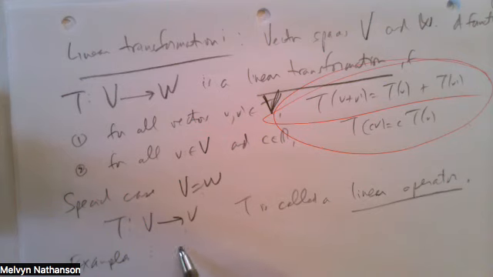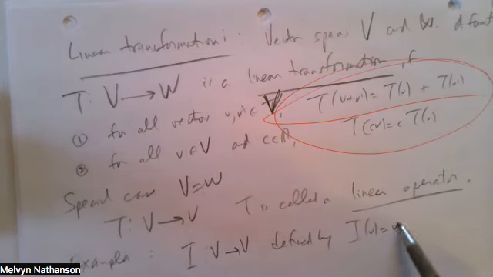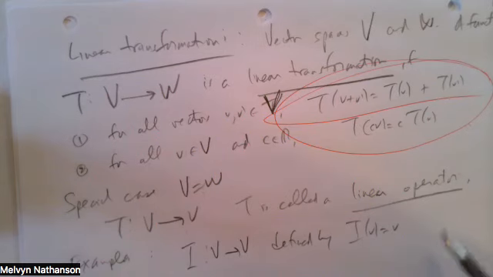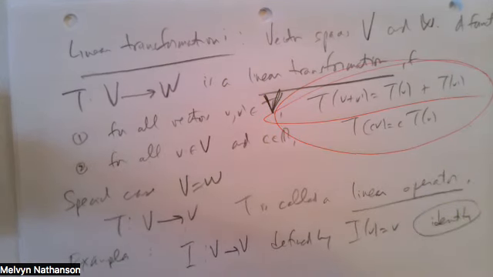So for example, the map I from V to V defined by I of v equals v is a linear operator. It's called the identity map, or the identity operator, or the identity linear transformation. Why is it a linear transformation?